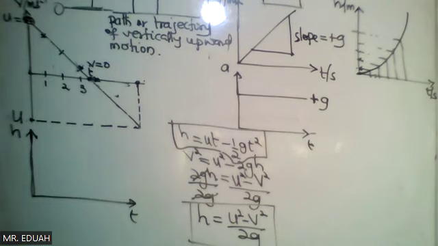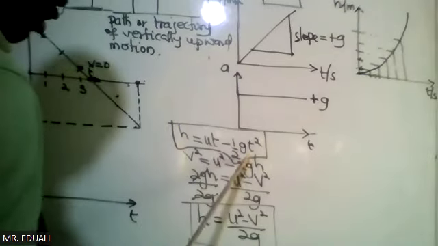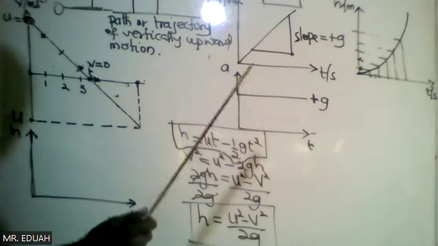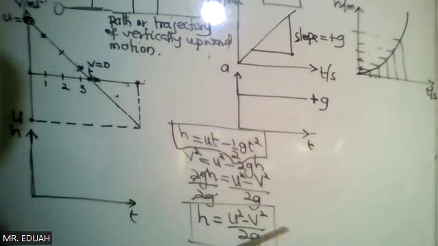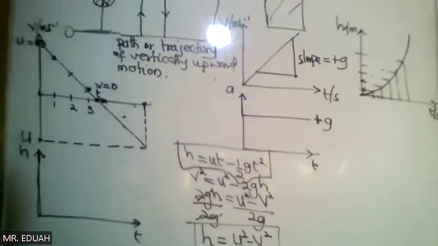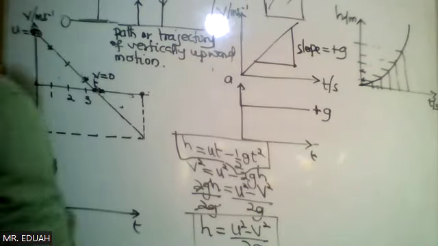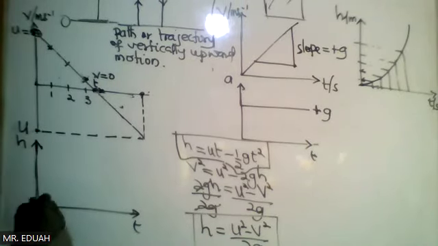Okay. If we plot h against t or h against v, we'll still have a curve because of the nature of the equation. So when the body is going up, its displacement time graph is this.